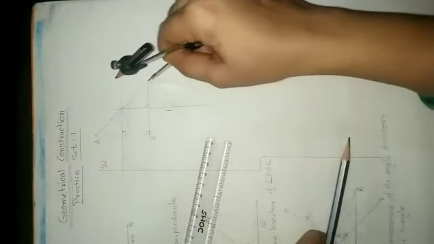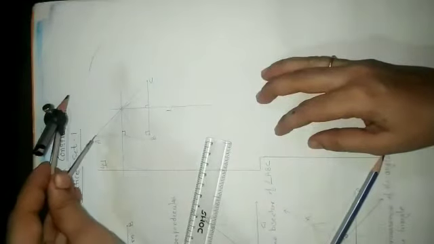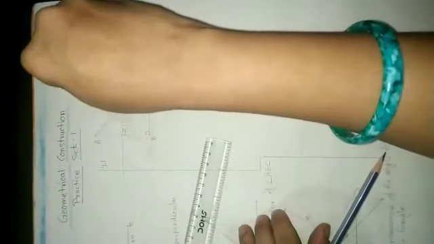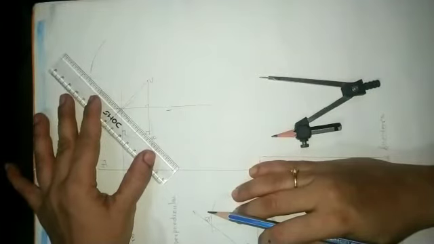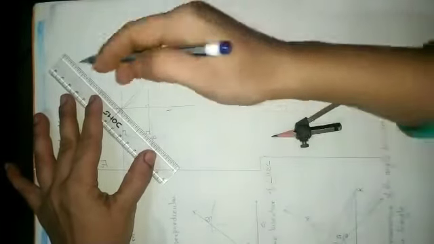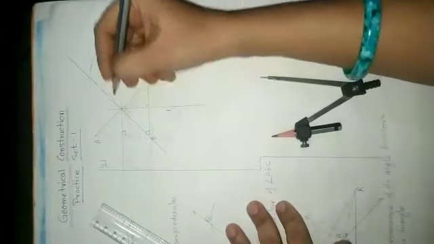Now draw for AC. For AC, take more than half of AC, I will extend this arc. See? Join these two points. This is the bisector of AC.